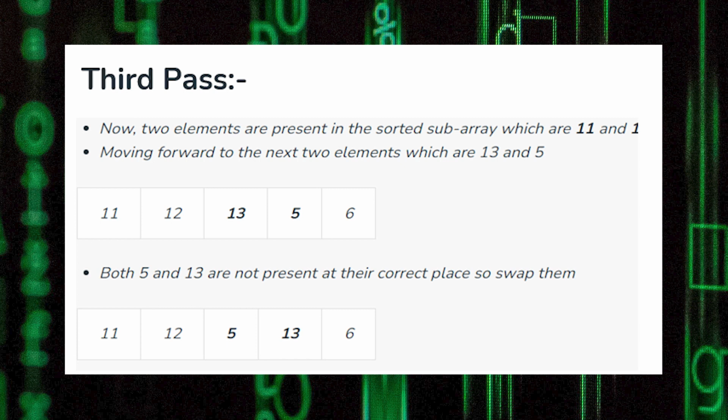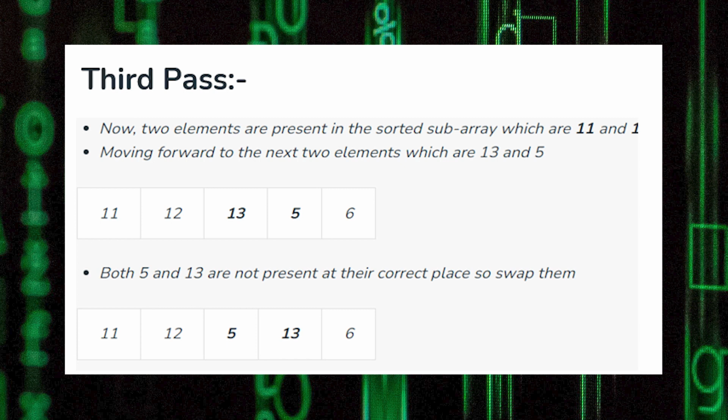After the third pass, the iteration will be done, and 5 will reach its appropriate place, that is the first position. In the third pass, there will be an iteration. At first 5 is compared with 13, then 5 is compared with 12, then 5 is compared with 11.